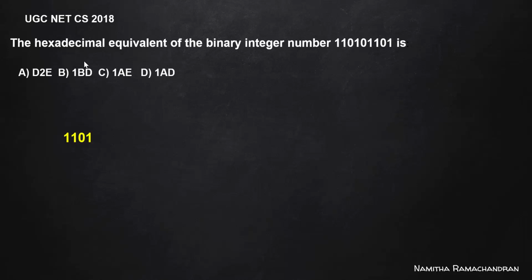Using these 4 binary bits, we can represent all the numbers from 0 to 15 uniquely, like 0000, 0001, up to 1111. 1111 is equivalent to hexadecimal F, that is 15. Based on that, we can make different groups, each group containing 4 bits.